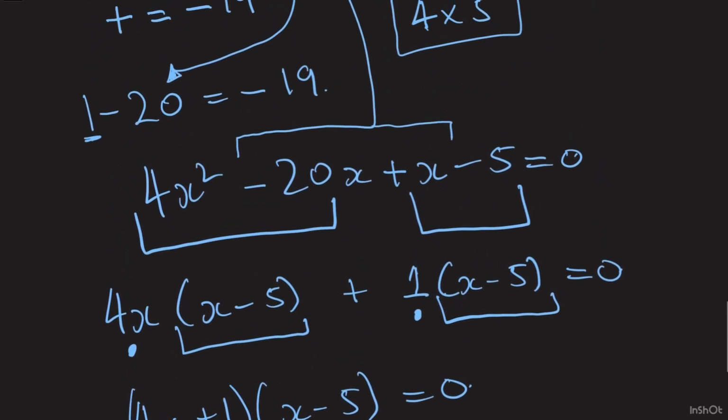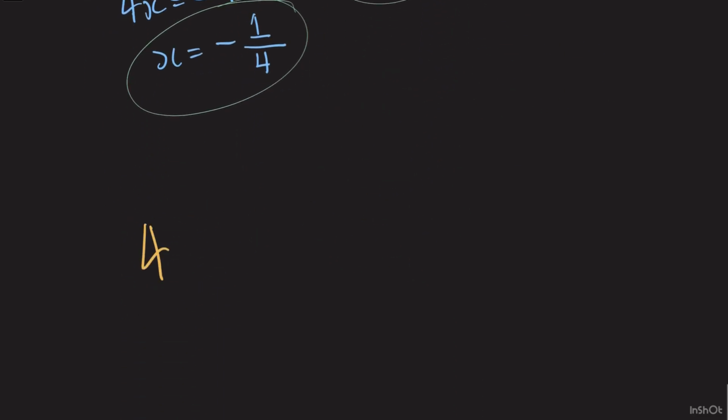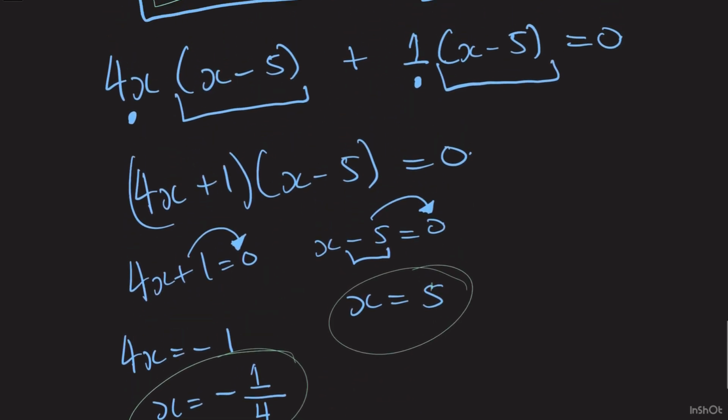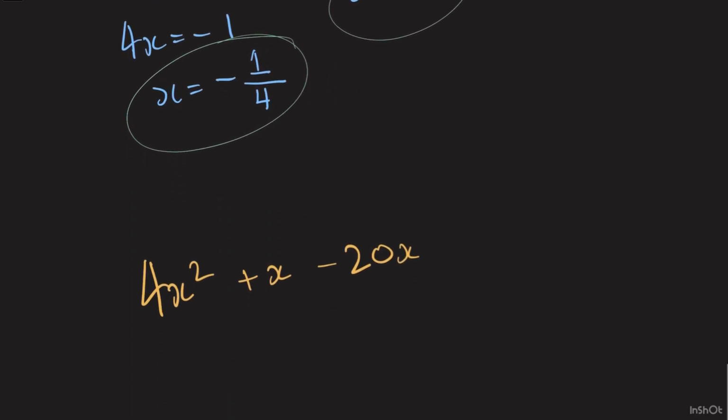If you were to do this question, and instead of having them in this pair, you had it as, for example, x squared plus x minus 20x minus 5, you could still get the right answer.